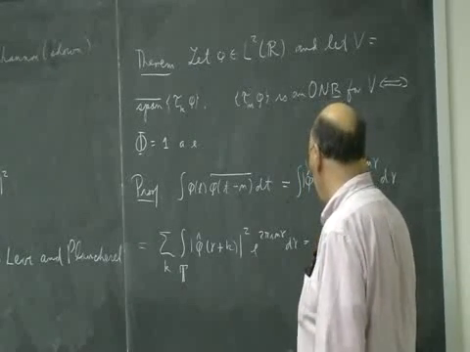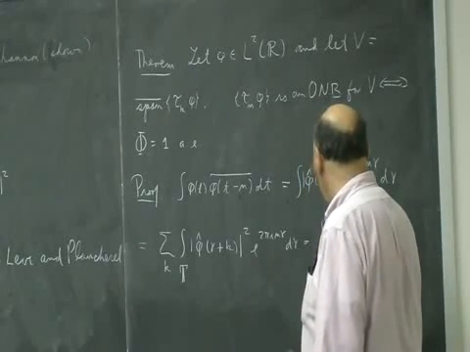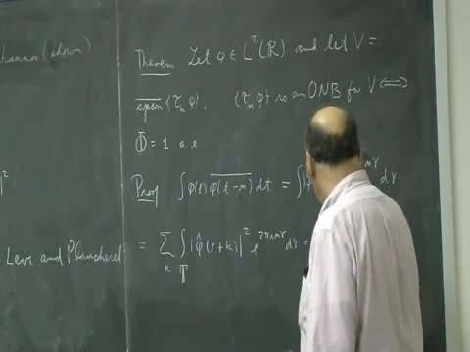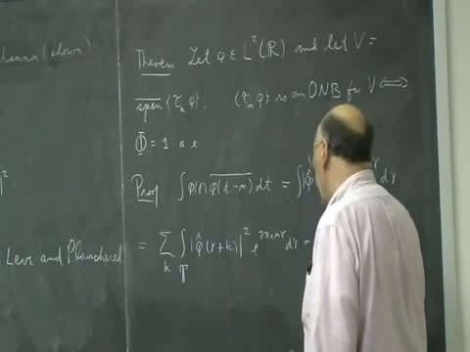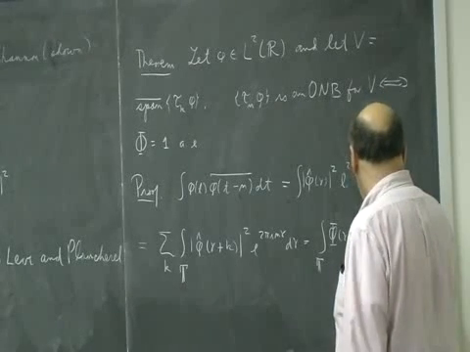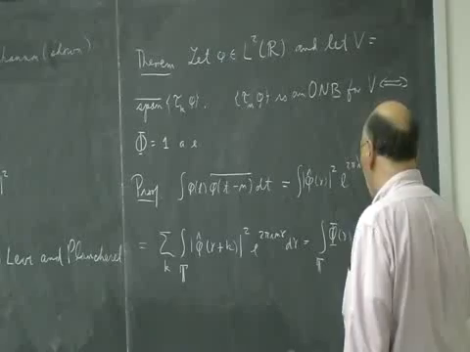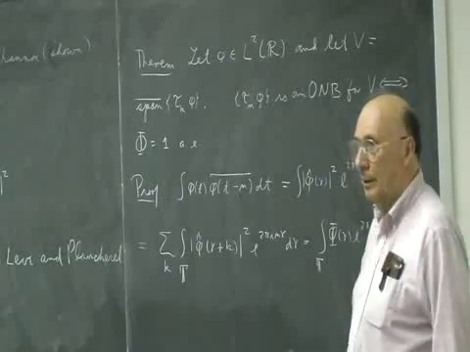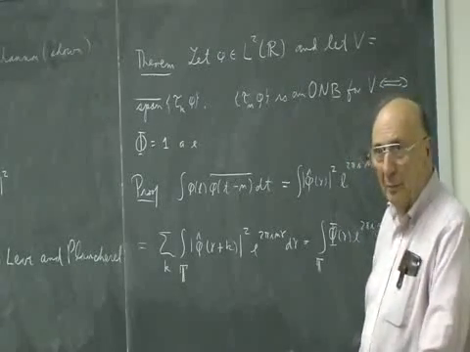And that, of course, is equal to the integral over the torus of big Phi of gamma, e to the 2 pi i n gamma, d gamma. Well, look at that, we're done.